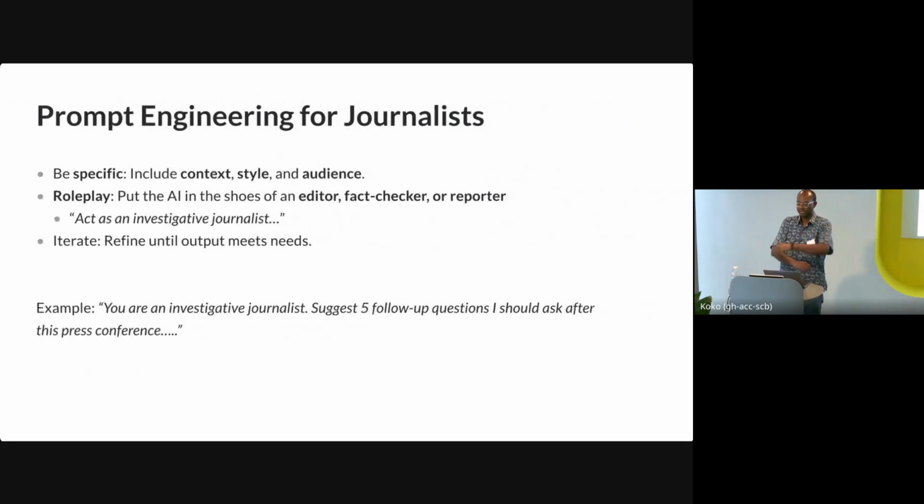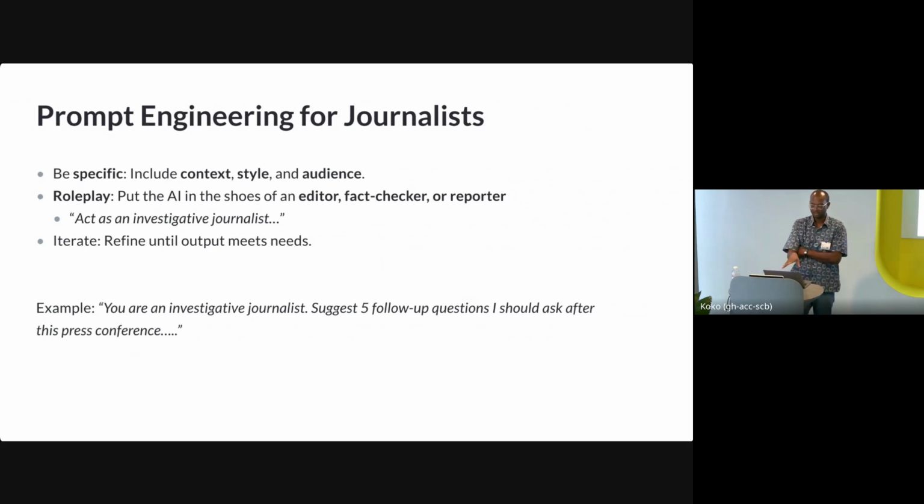One of the ways to be specific, or one of the best templates to use, is to give the AI a role to play. For instance, you tell the AI, hey, you are this role, and I want you to do this task, and I want you to do it in this way.